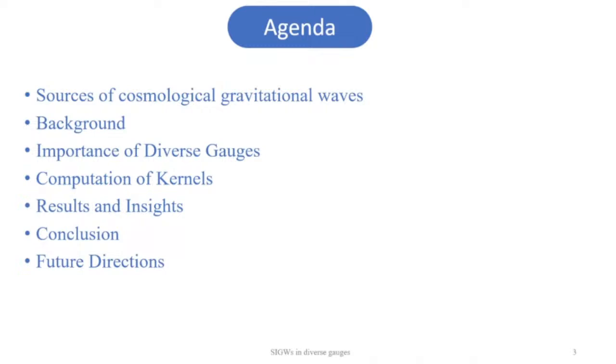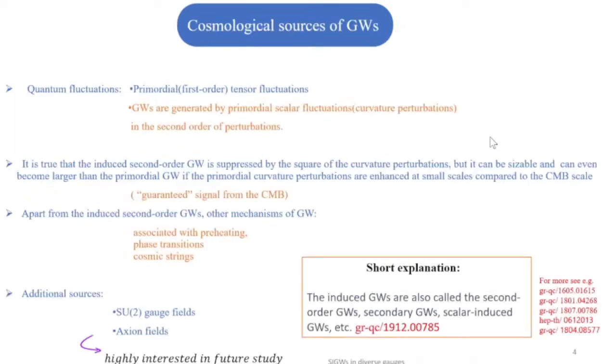Here, first of all, I will discuss the cosmological sources of gravitational waves. First of all, I talk about the fluctuations. Basically, these are the primordial tensor fluctuations. Gravitational waves are also generated by primordial scalar fluctuations at second order of perturbation.